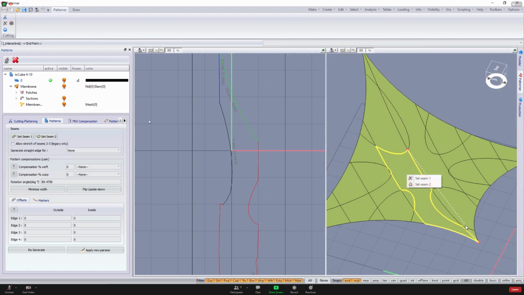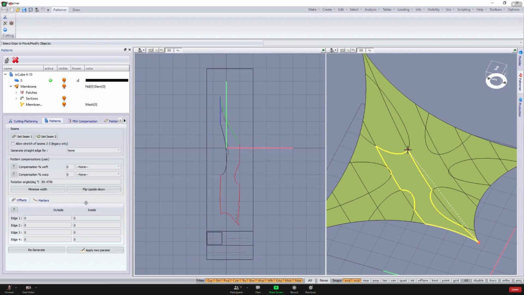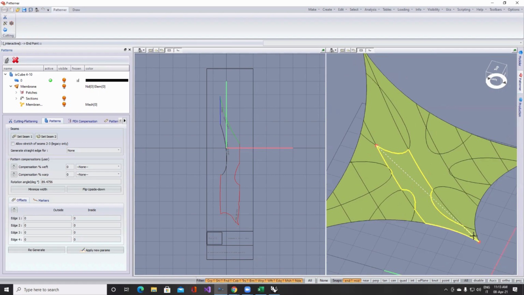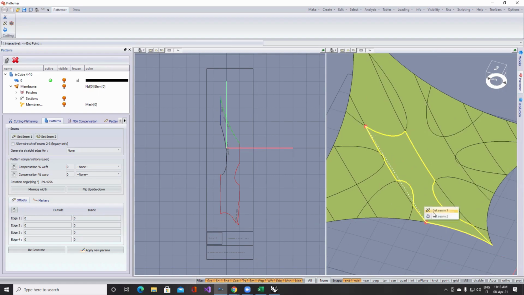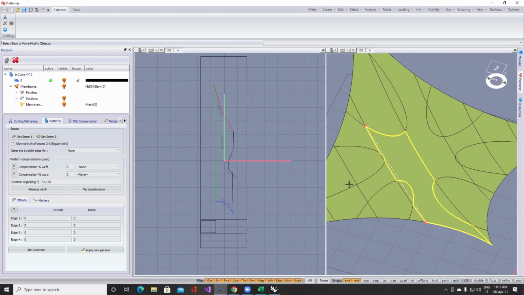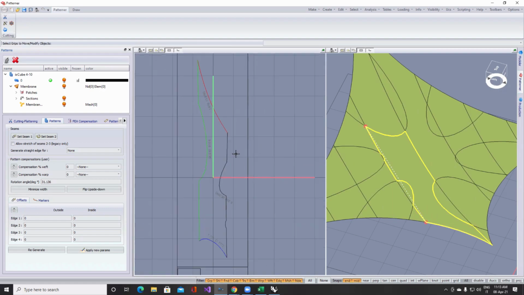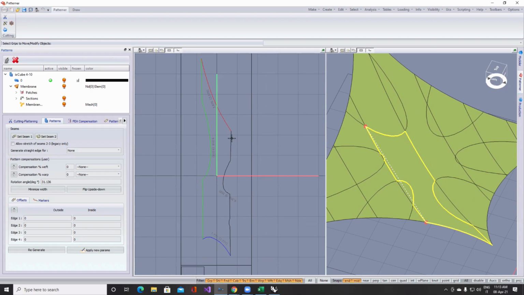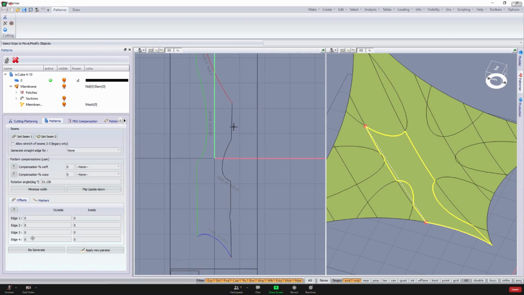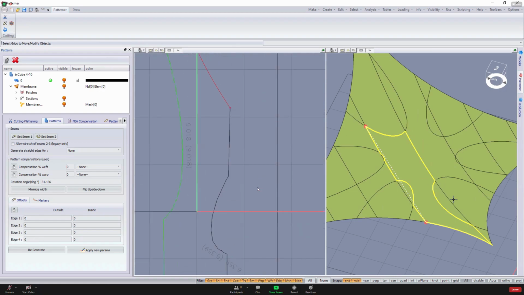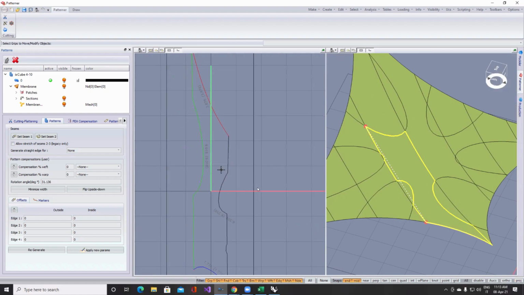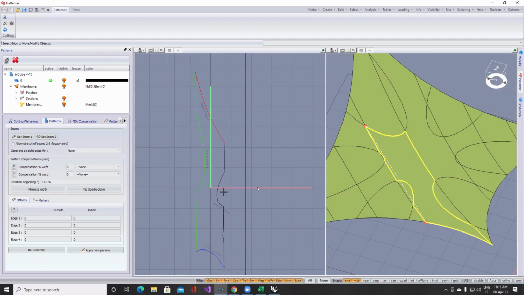So I move these two red dots on one edge of the panel. I set seam number 1. Then I move it to the opposite edge and set seam number 2. So in this case, if you look at the panel, the black line is the main developing edge, and it goes from this point to this point that I have set to be the main developing edge, and the same for the opposite edge.